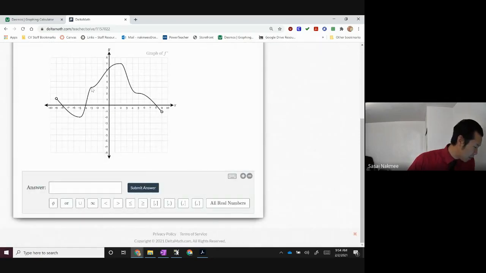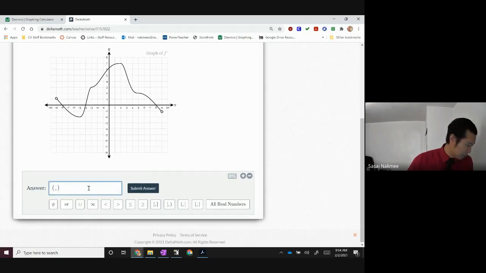Actually, it's not increasing there. I think it's 0 at -3. So you've got to be careful with this, okay? So I'd say the function is increasing from -5 all the way up to -3. And it's also increasing from -3 all the way up to 2.